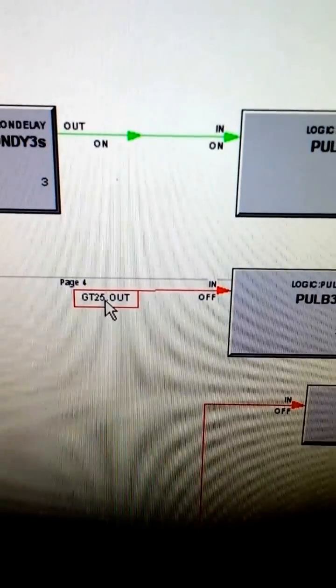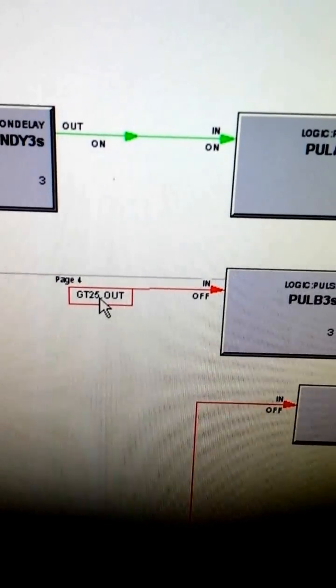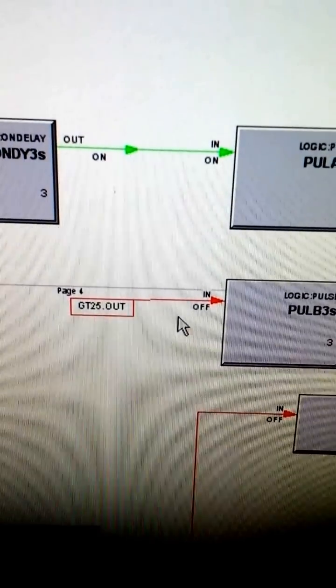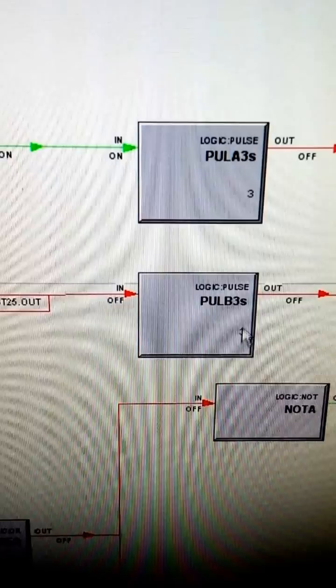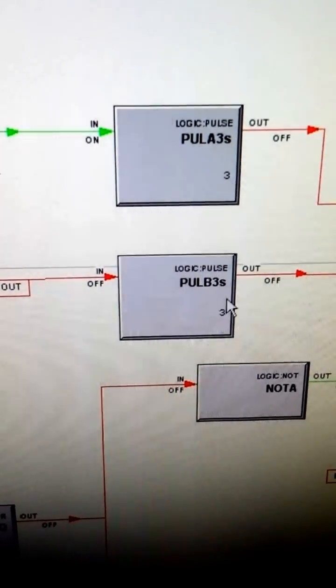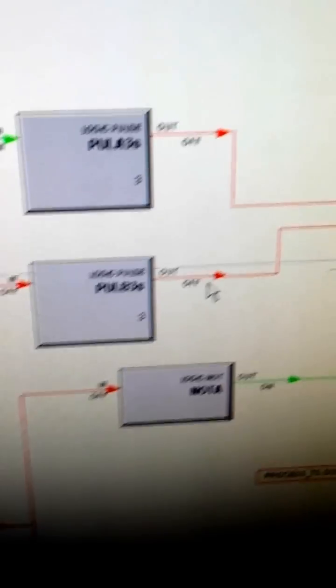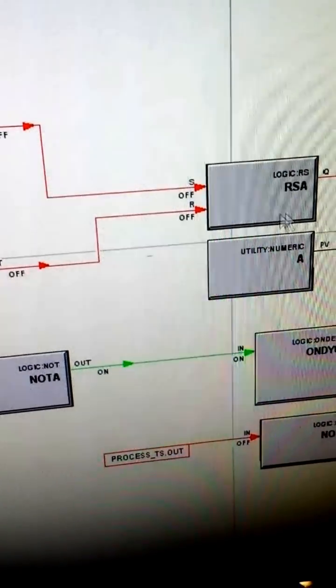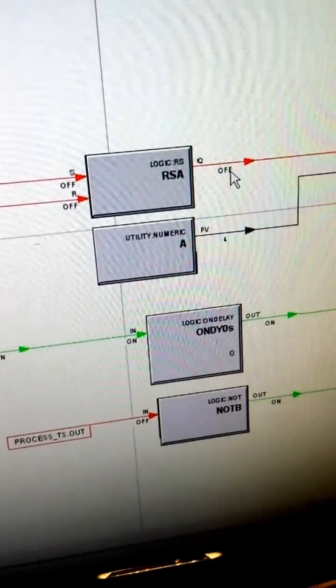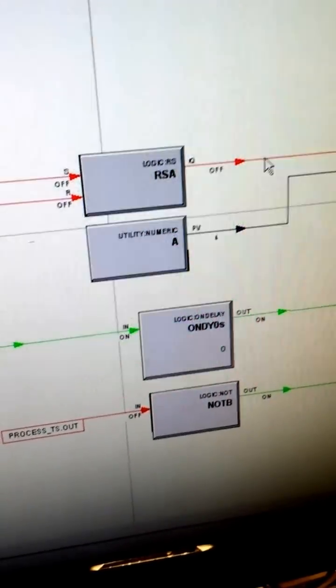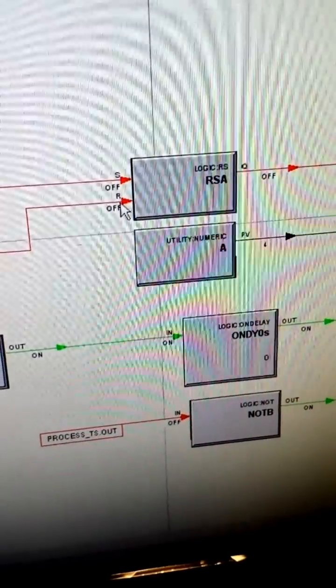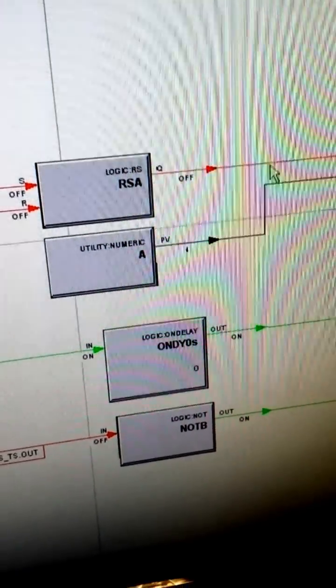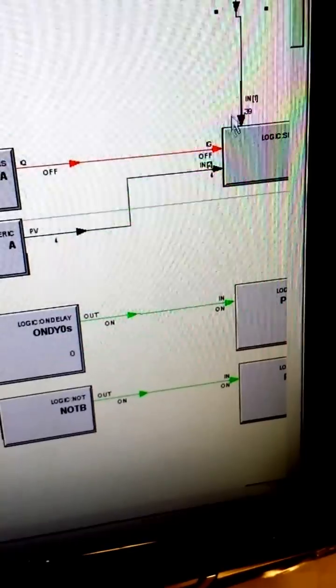GT25, that means the actual position of the valve is greater than 25%, it will become logic 1 in here, and another one shot pulse in here will be the reset signal. So if that happens, considering this is logic 1, if the reset condition is complied with, then it will become logic 0. So with logic 0, the 39 will become the set point.